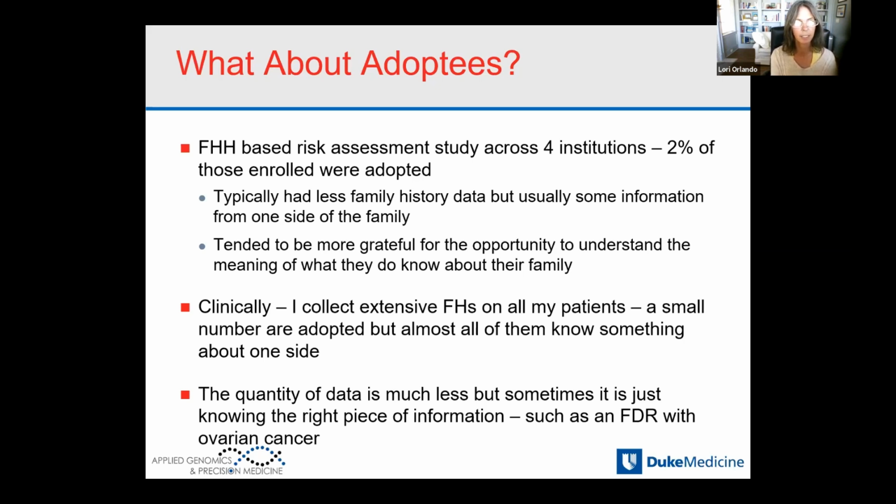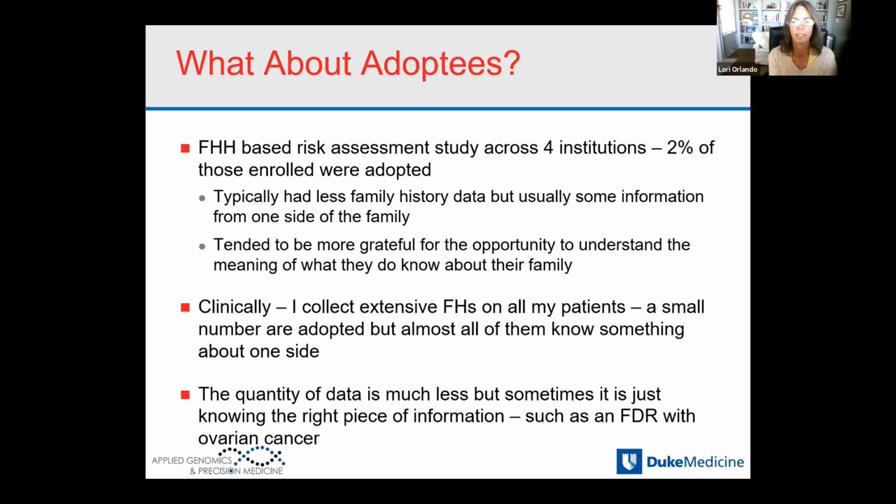And clinically, because I believe how important family history is, I do collect a very extensive family history in all of my patients. A small number of them are adopted, but almost all of those know something about one side of their family as well. And oftentimes this is informative enough. So if you know that your mom had breast cancer at age 30, that's all you need to know.